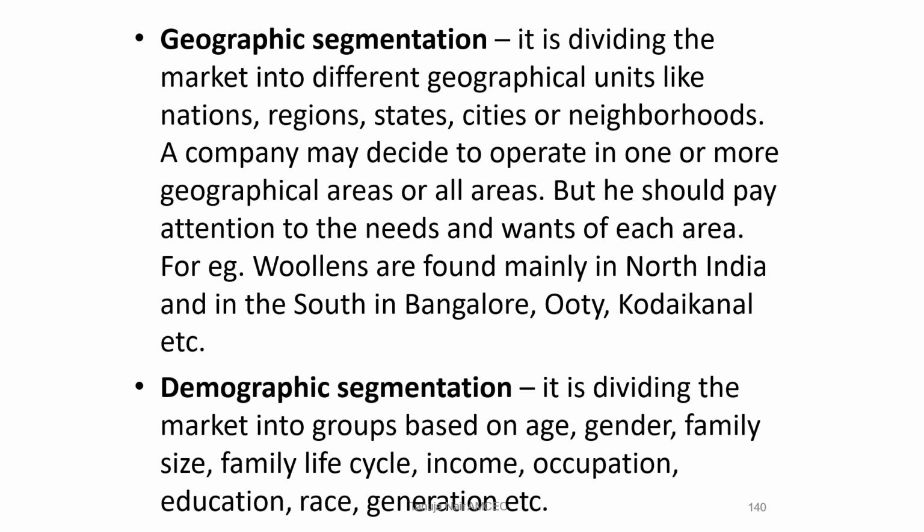With young children you need things for the young kids, and so on. So by understanding which stage their target customer is in, they can come to know what their needs, wants and demands are at that particular stage, and accordingly they can market the goods to them.